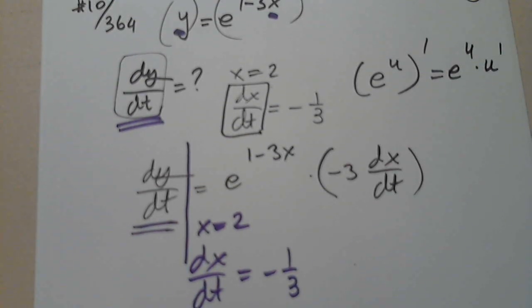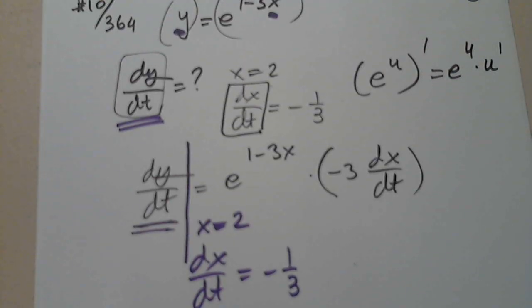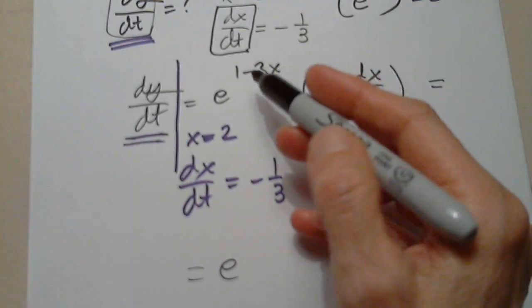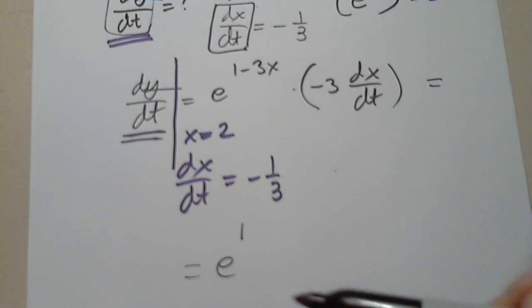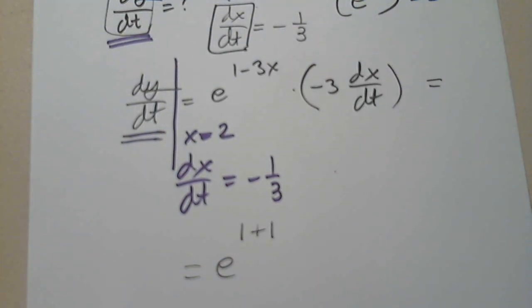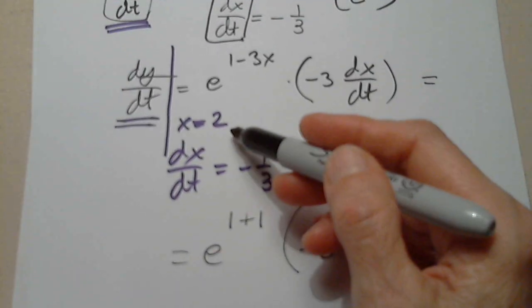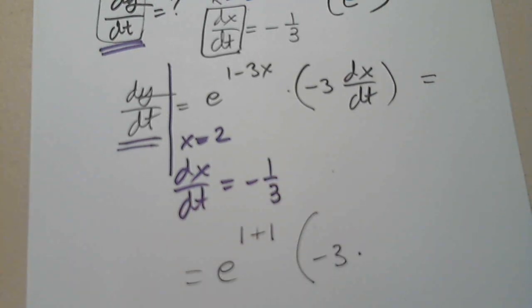So any questions so far before we plug it in? Okay, so now I will plug it in. So I have e to 1, negative 3 times negative 1/3, this is positive 1, times negative 3 multiplied by dx over dt, which is, oh, I managed to mess it up.